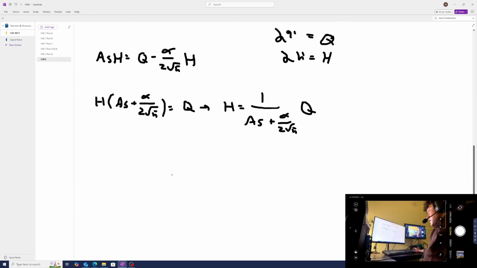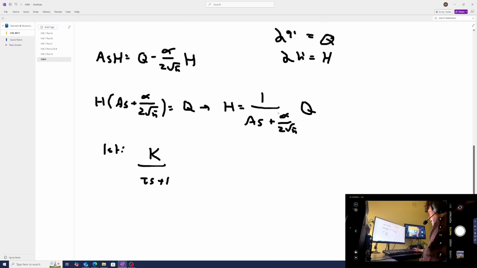It's important to also note that our first order transfer function is going to be of the form k over tau s plus 1. So in this situation, what's on top is going to be our k, and then we need to get this into the form of tau s plus 1.